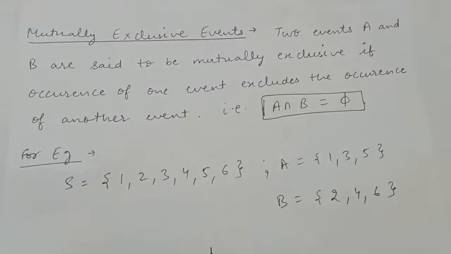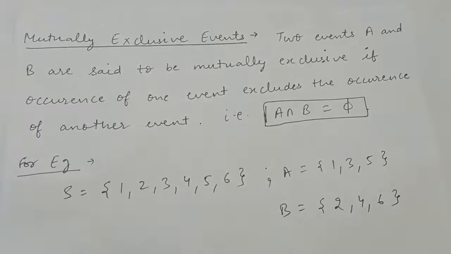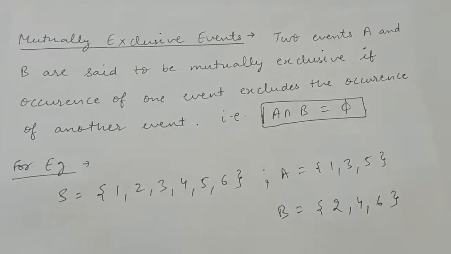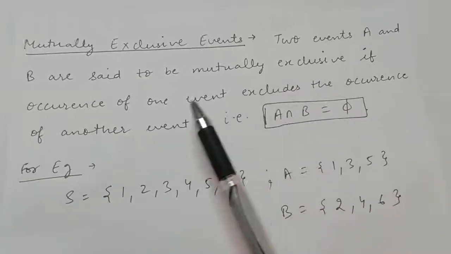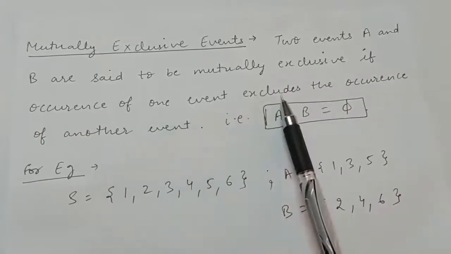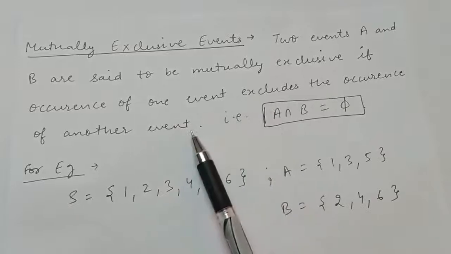Now the next topic is mutually exclusive events. Two events A and B are said to be mutually exclusive if the occurrence of one event excludes the occurrence of the other event.